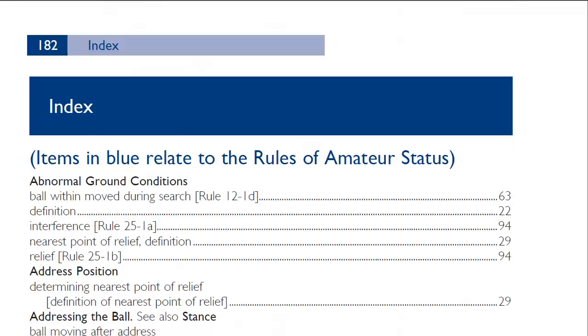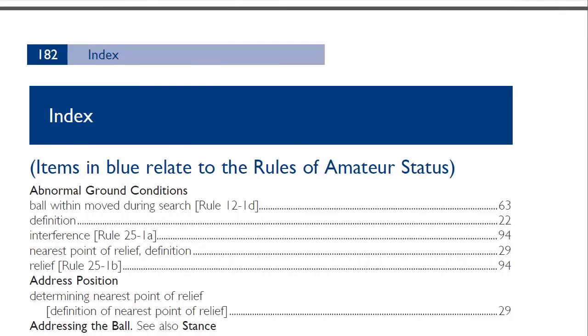In here, the main headings are in bold letters. Then you have all these subheadings, and they're all keywords that help you navigate your situation very quickly. Let's take an example here in the first line of abnormal ground condition. So highlight this for you.